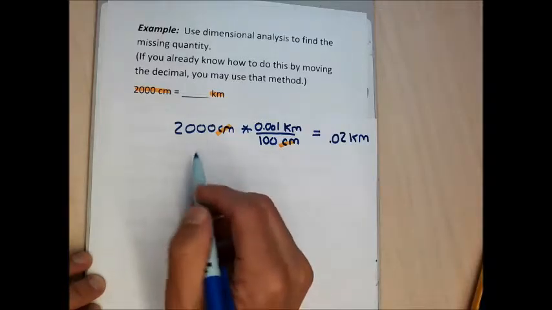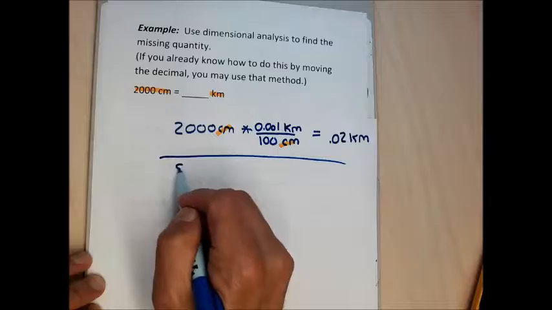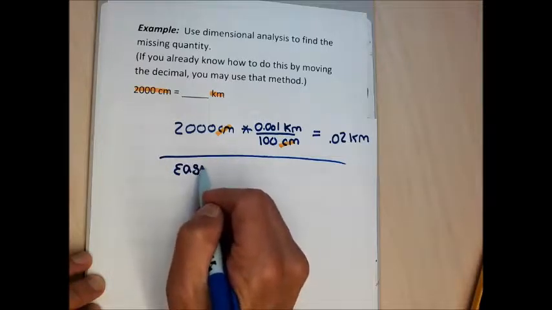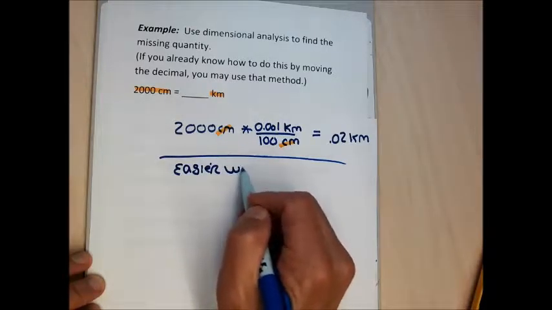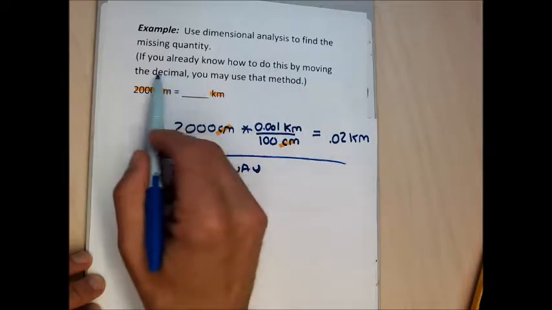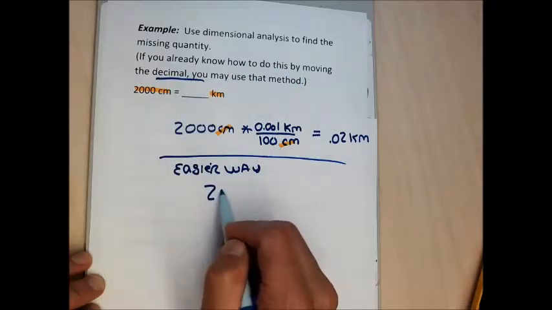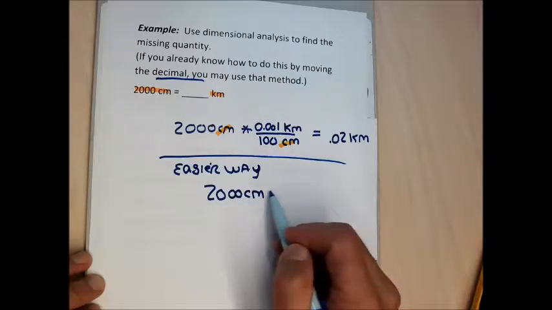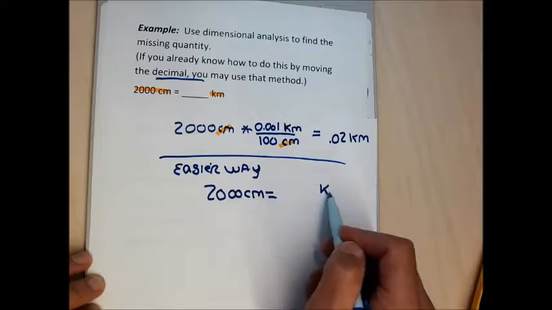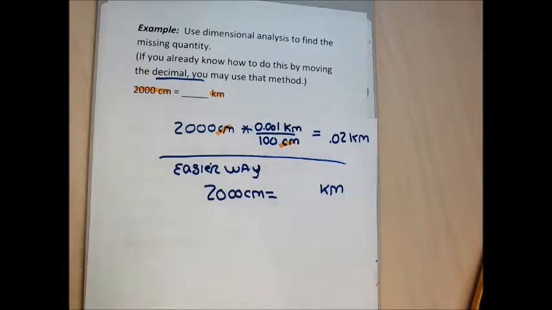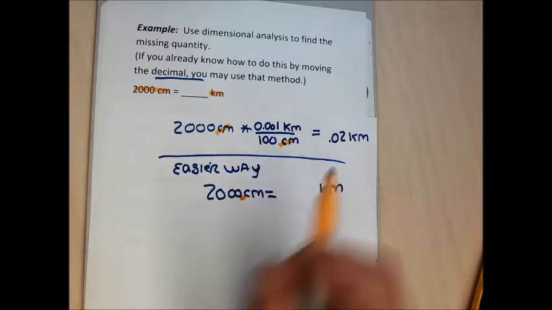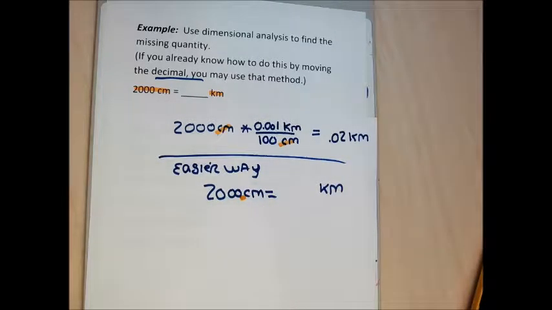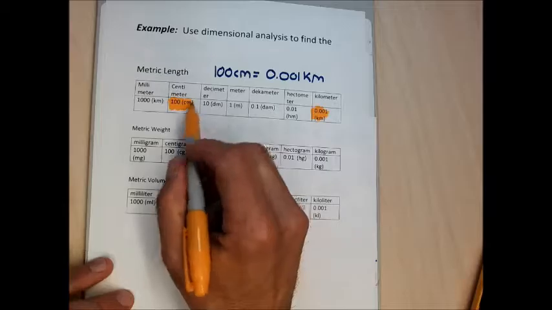An alternatively correct way, and a possibly easier way, is the way I was taught in grade school, and that's by moving the decimal. So if I wanted to convert from 2,000 centimeters into kilometers, I have to understand that there's an implied decimal after the 0 in 2,000, and I need to figure out on my chart how far it is between centimeters and kilometers.